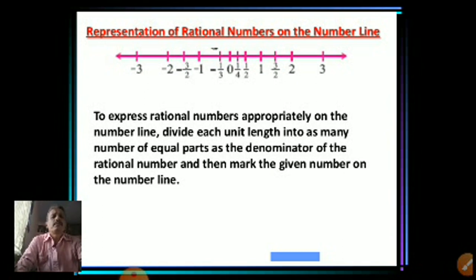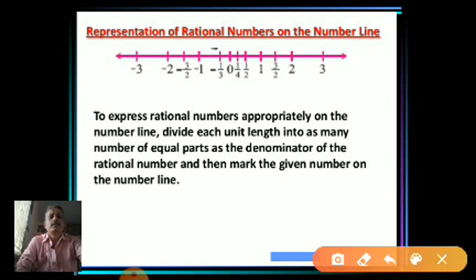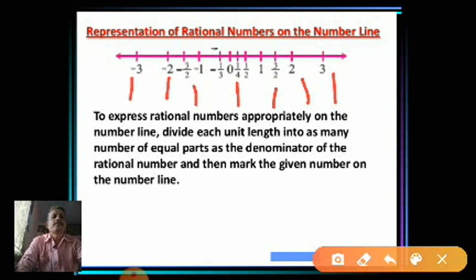Rational numbers can be represented on a number line also. Here is an example of a number line showing 0, 1, 2, 3, minus 1, minus 2, minus 3.